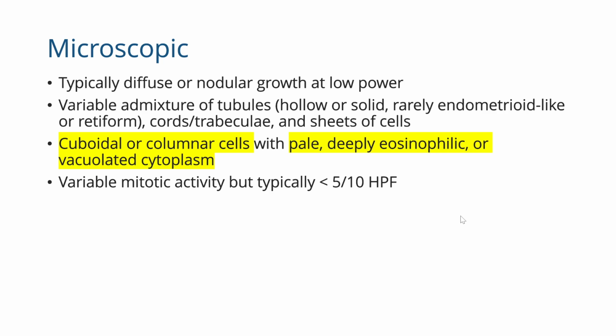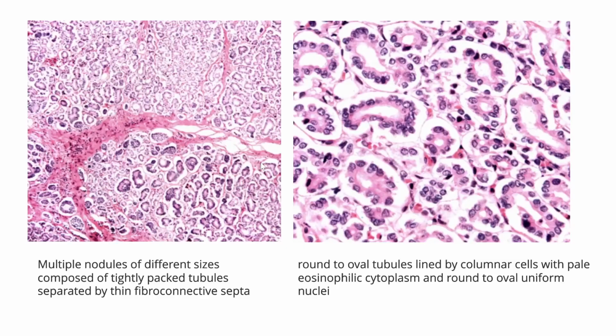For the microscopic feature, I think you just need to remember the tubular structure because this is very characteristic. And the cell is also kind of characteristic but not really distinct. You can see deeply eosinophilic cytoplasm with columnar cells, but forming tubules, that is really characteristic.